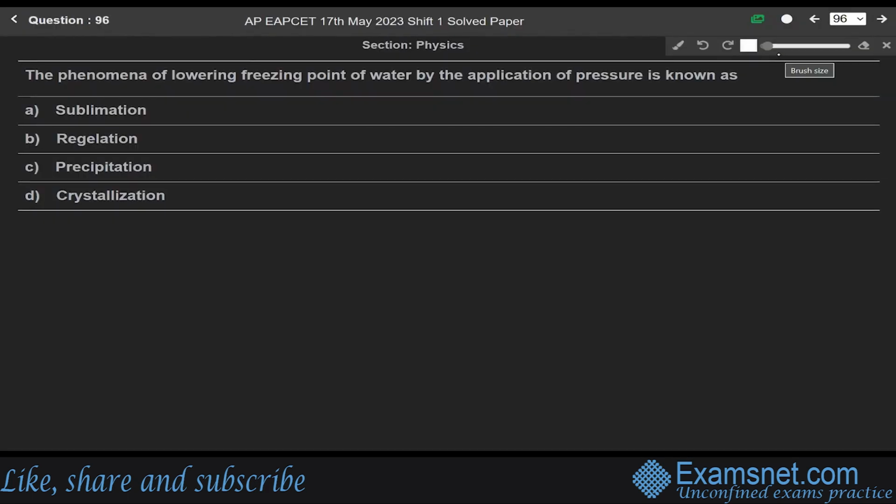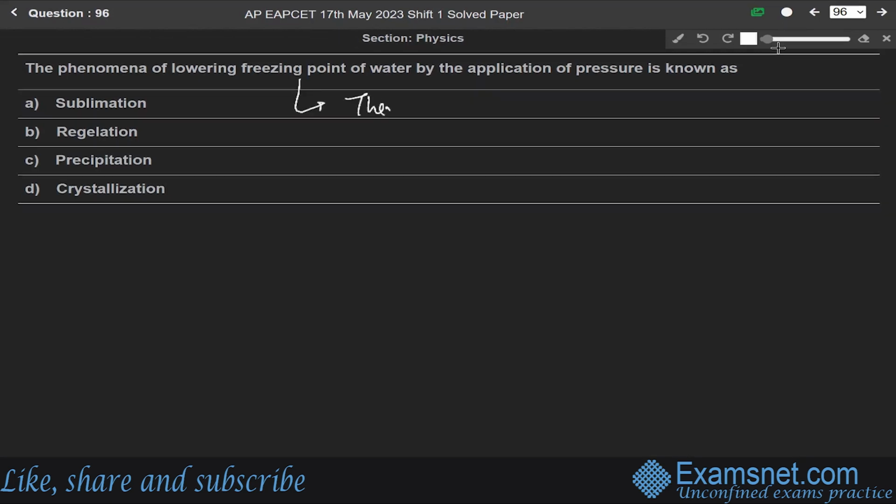So the next question is 96. The phenomenon of lowering the freezing point of water by application of pressure is known as? This question is from the chapter of thermal properties of matter. It is asking for the phenomenon.